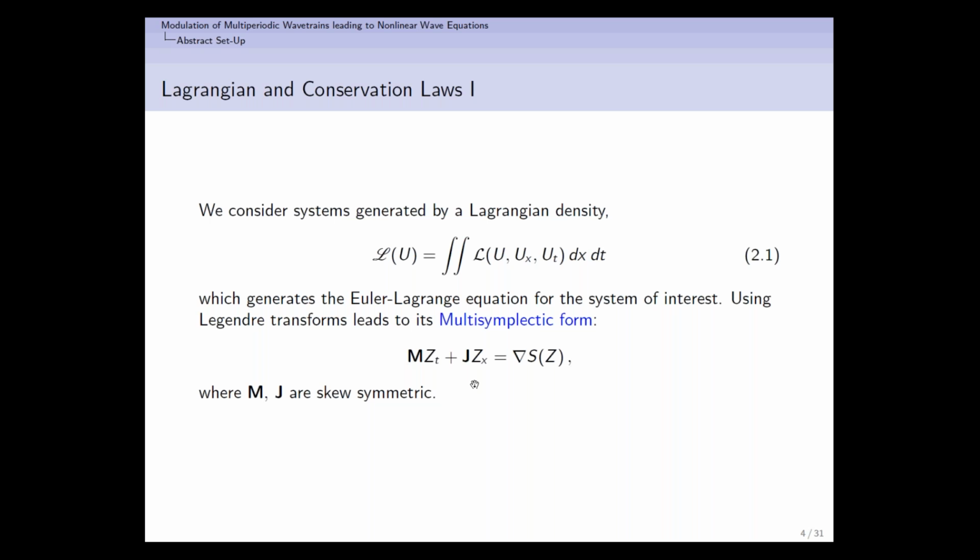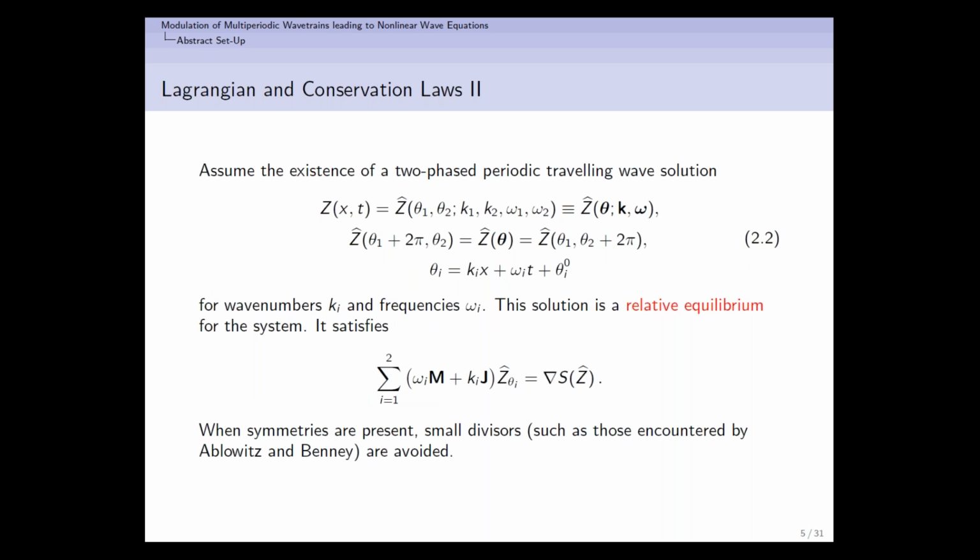Okay? So solutions to this equation, we're going to consider two-phase periodic traveling waves. So that means that this 1 + 1 state vector Z is going to be a function of two wave variables, θ1 and θ2, which have wave numbers k1, k2, and frequencies omega1, omega2. I'm just going to shorten it down to this.